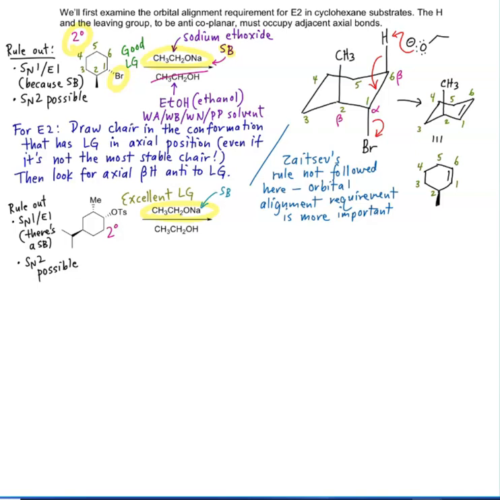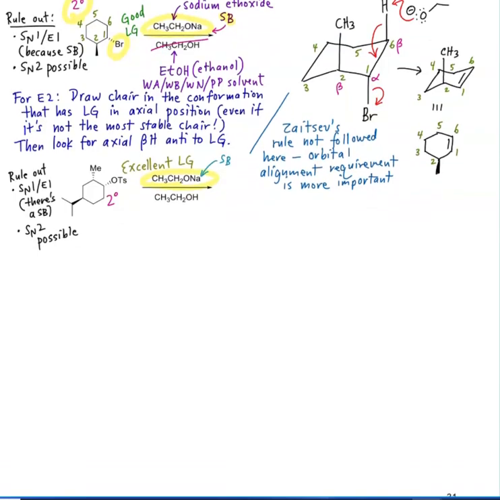You'll get a mixture of things. But for now, we're just going to focus on predicting the E2 pathway. So remember, you want to draw the chair conformation that puts the leaving group in an axial position. Let's go ahead and number carbons. This time, just to mix it up a little bit, I'm going to number counterclockwise.